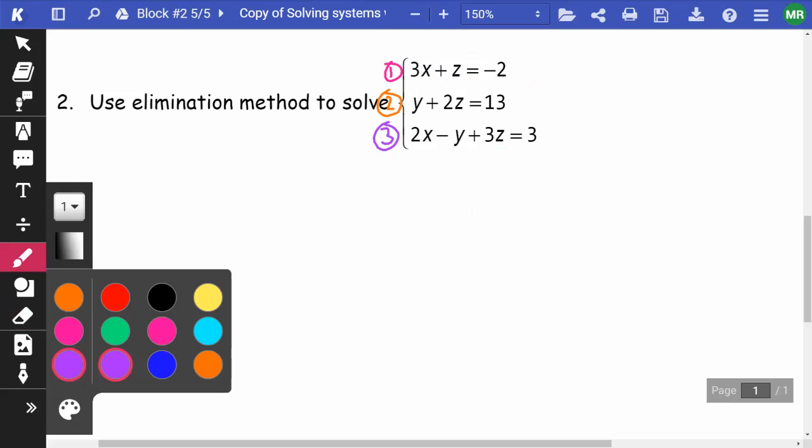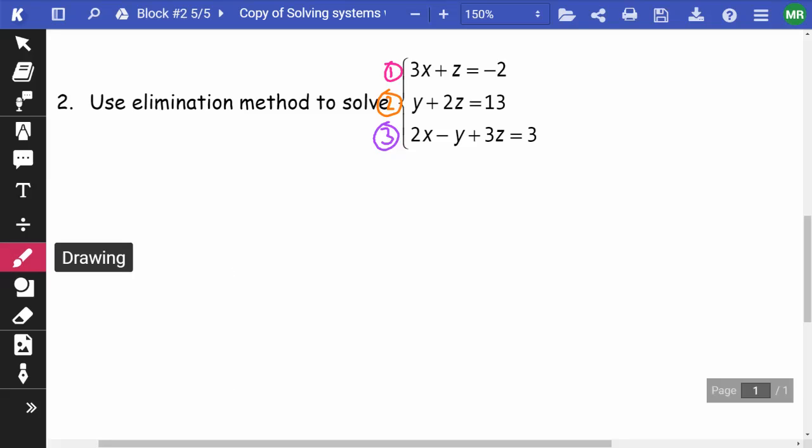So I'm going to look and decide what would be the easiest variable to get rid of. Okay. And I'm thinking that it might actually be trying to eliminate my y's, because I see I have a y and a -y. So if I add these 2 together, I'm automatically going to have my y's cancel out, and I'm going to have an x and a z left over.